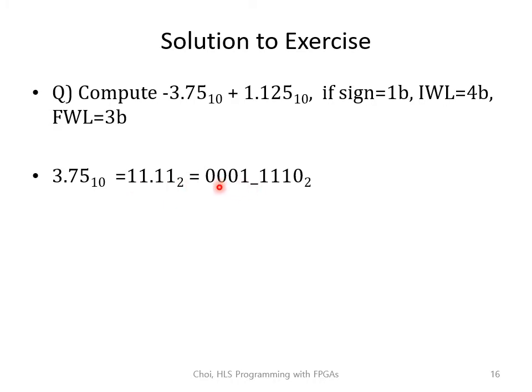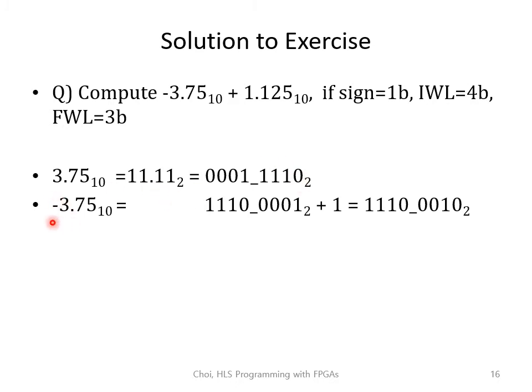We added 2 leading zeros because it's a positive number. And then we add the FWL 3 bits, so there are only 2 bits here, so we add a 0 at the end, so it's going to be 110. So the whole number is going to be 0001 1110.